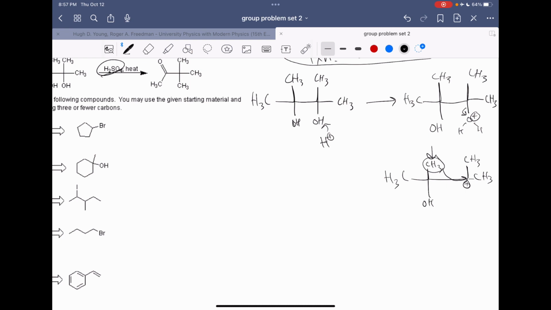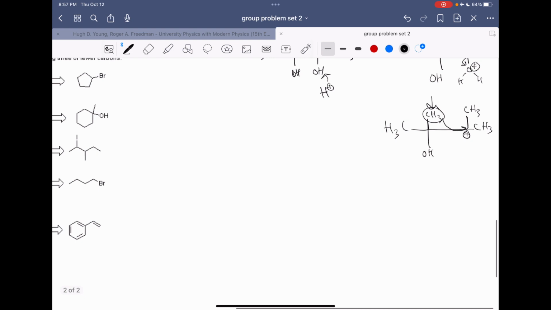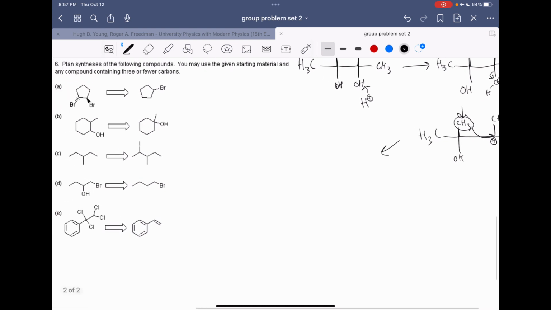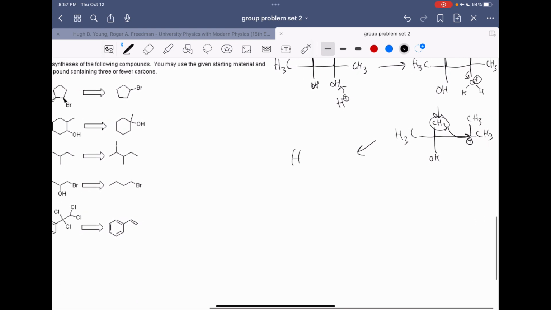It's pretty stable, but it can be more stable. So when we shift this methyl group over, the carbocation will shift to the left, and you'll be left with something that resembles this.